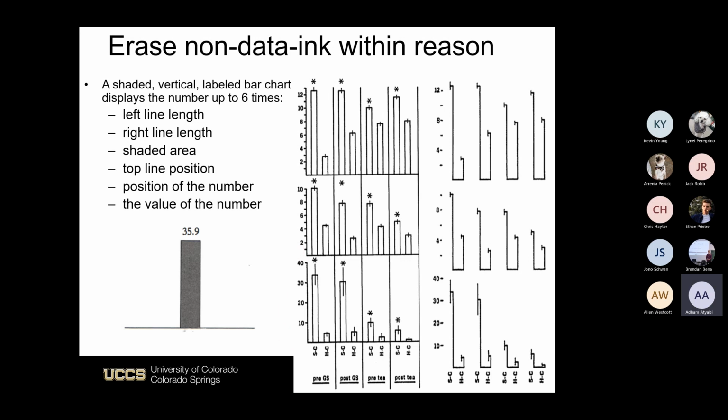In principle, you can start with a graphical display like what you're seeing here, and you can start to get rid of bits and pieces of ink that don't represent the data, or bits and pieces of ink that just represent the exact same thing. There is no reason that you have to show the value of this bar being 12, 6 times. One time would do it.